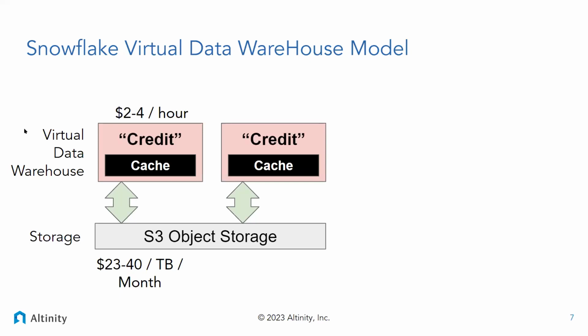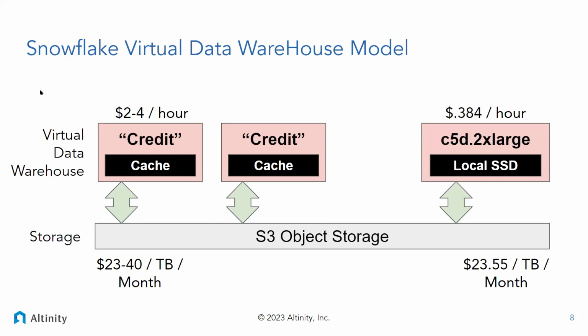We don't necessarily know what these VMs are, but if you go look at the pricing list, their on-demand pricing ranges from about $2 to $4 an hour for one of these VMs. Now, this would be the end of the cost analysis, except that a little while ago there was a bug in Snowflake that if you issued a query that failed in the right way, it would print out the kind of VM that they were actually running.